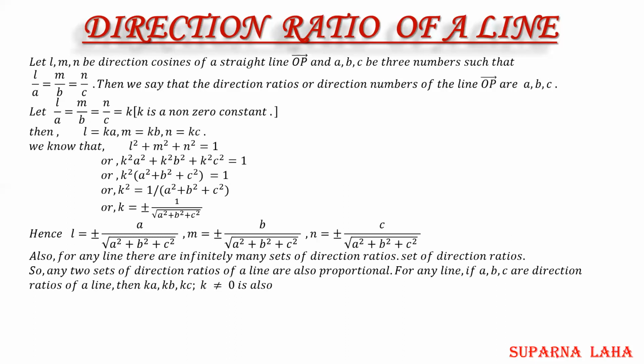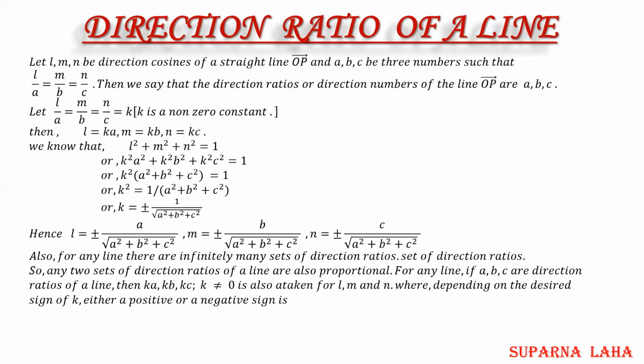If we choose any direction ratio a, b, c, then ka, kb, kc, taking any constant k, is also again a direction ratio of the line. And the signs depend upon this k, either positive or negative, as per the desire. So this is called direction ratio and direction cosine of a particular line or a vector.